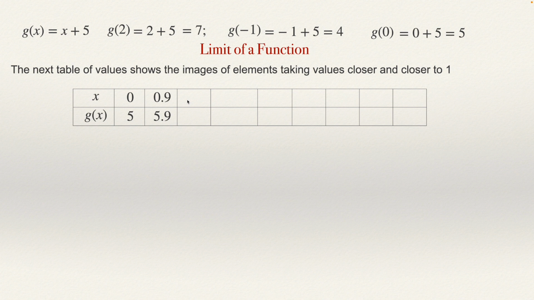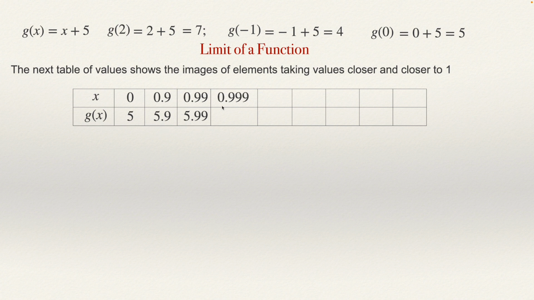If I go closer to number 1, let's say 0.99, and I substitute here, 0.99 plus 5 will be 5.99. And we notice that the closer we go to number 1, the image of the element gets closer to number 6.